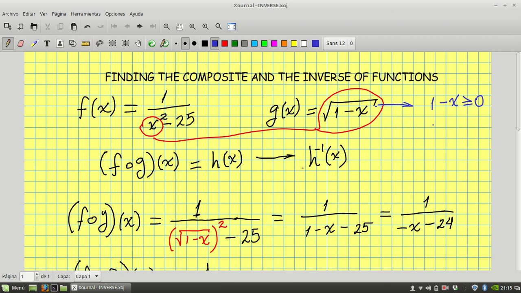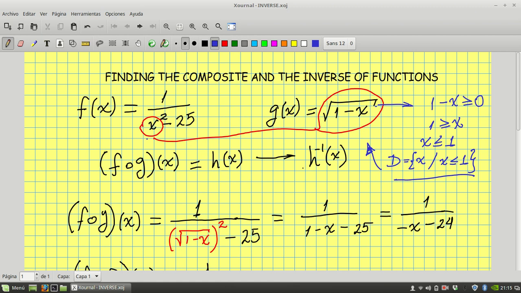In this case, if I add x, it will be 1 greater than or equal to x, or x less than or equal to 1. So the domain is just x such that x is less than or equal to 1. Okay, this is the domain of g(x).